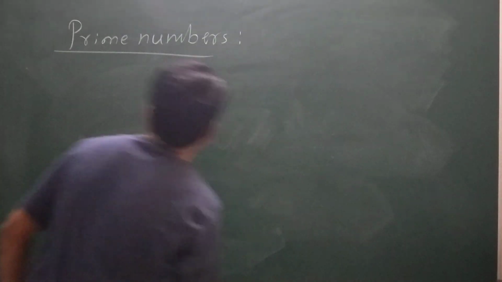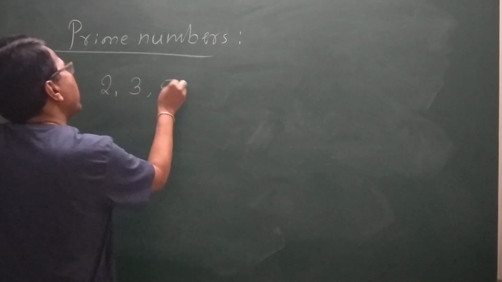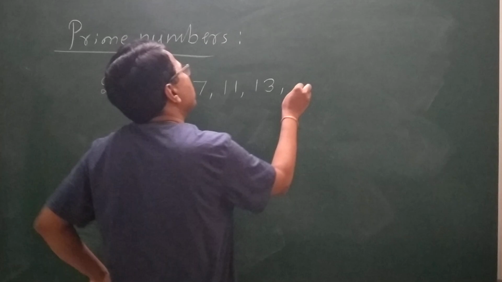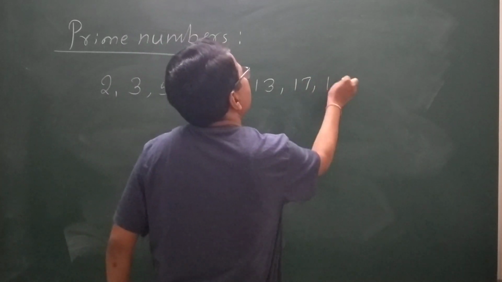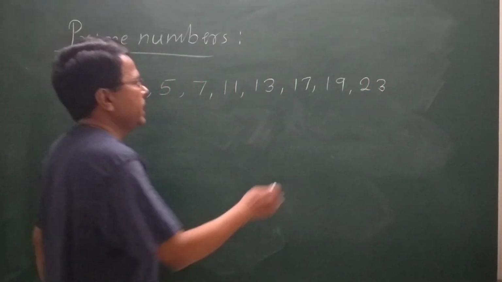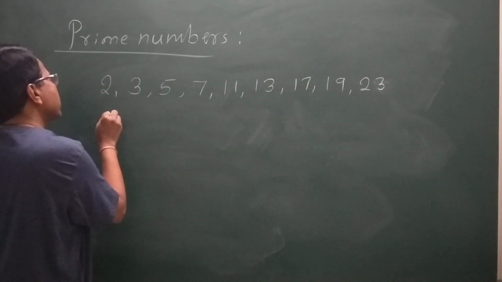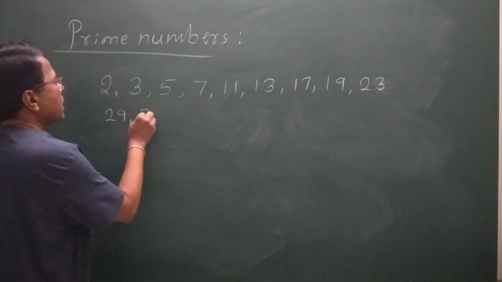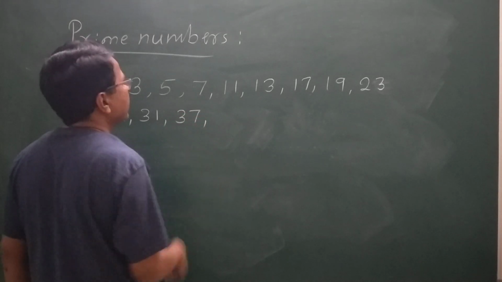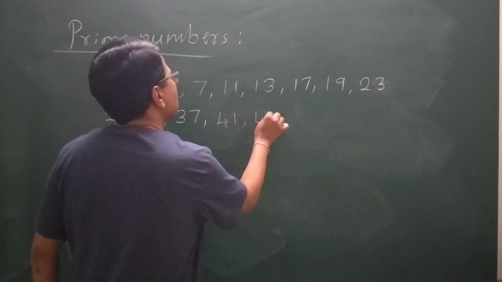The prime numbers are 2, 3, 5, 7, 11, 13, 17, 19, 23, 29, 31, 37, 41, 43, and so on.